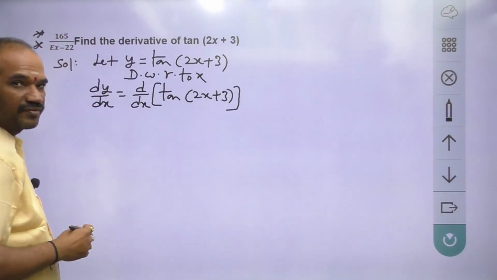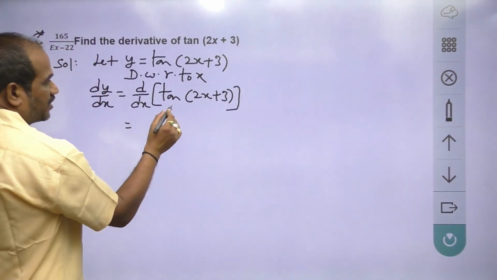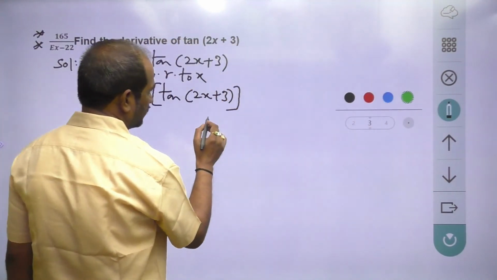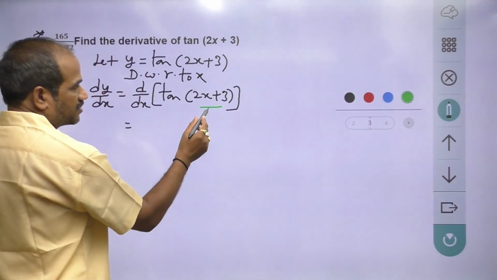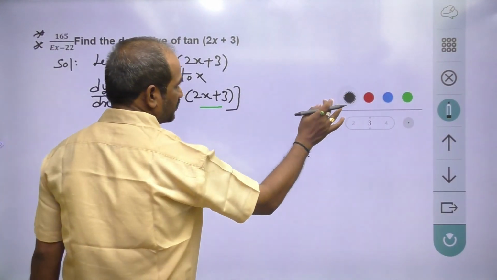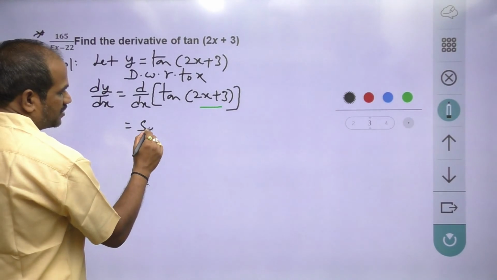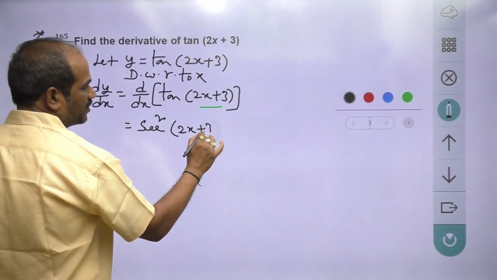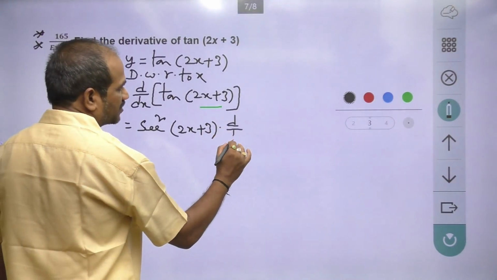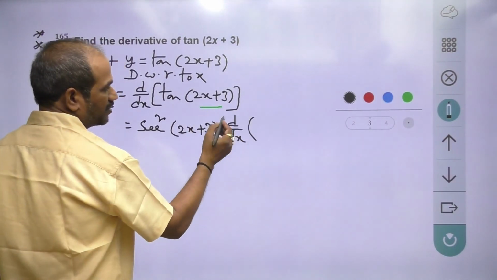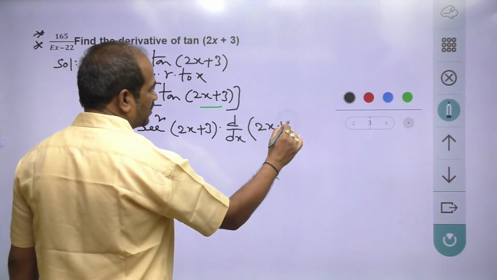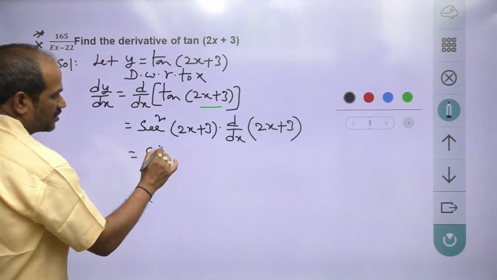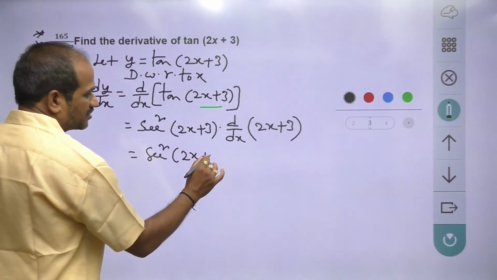That is d by dx of tan x, which is secant square x, where x here is 2x plus 3, into d by dx of 2x plus 3. So that is equal to secant square of 2x plus 3.